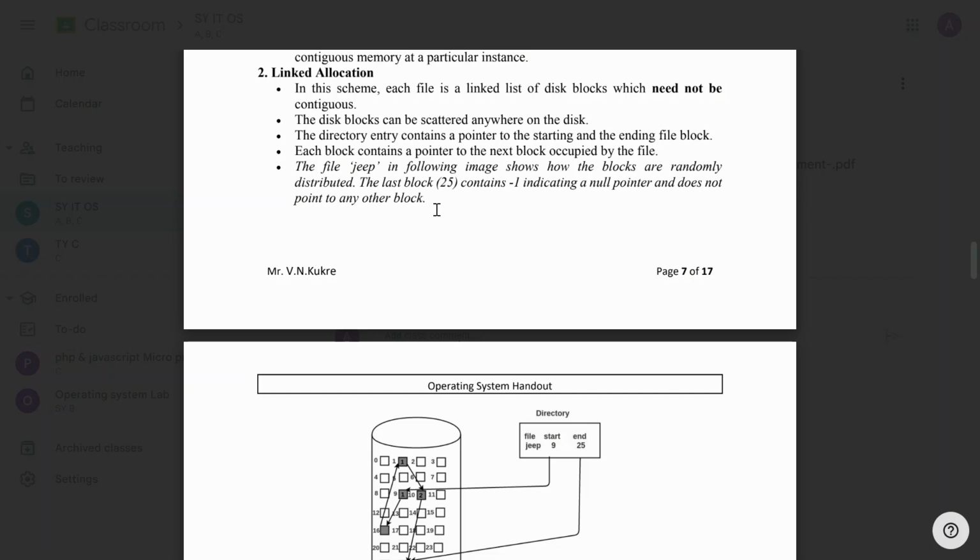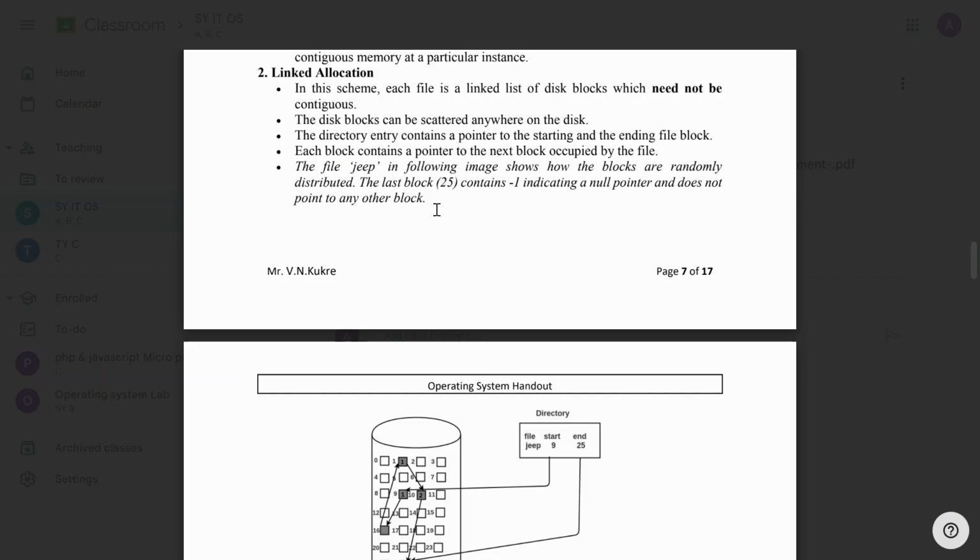In terms of a linked list, we store the blocks of a file in memory which need not be contiguous. Contiguous memory allocation is not necessarily applied here. We maintain a linked list of the memory blocks for that file.